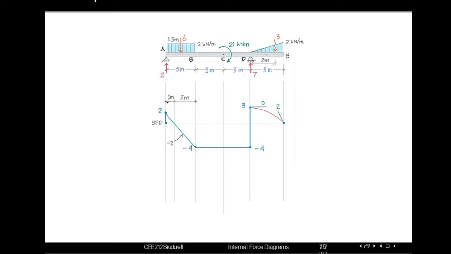So we have calculated the bases 1 and 2, and then we need to calculate the areas. For this portion, the formula of area will be 2 by third BH.